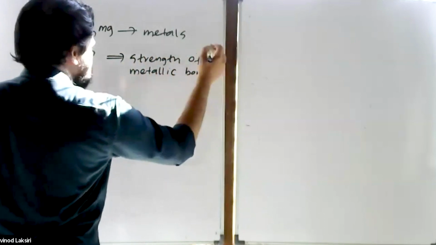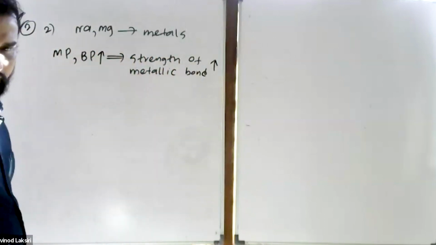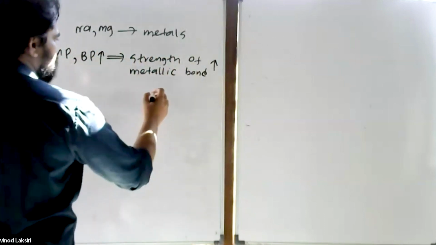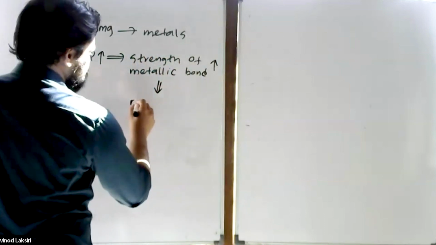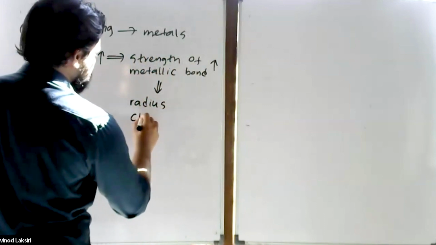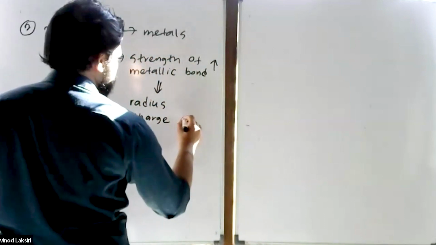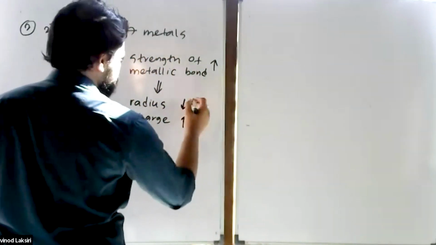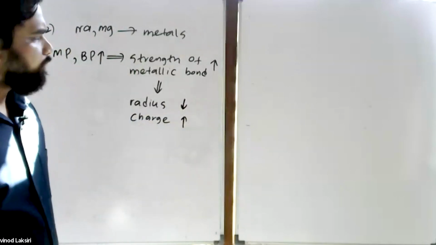With increasing strength of the metallic bond, what happens? Both melting point and boiling point increase, right? Then the strength of the metallic bond depends on the radius of the metal cation and the charge of the metal cation. With increasing charge and decreasing radius, the strength of the metallic bond increases.